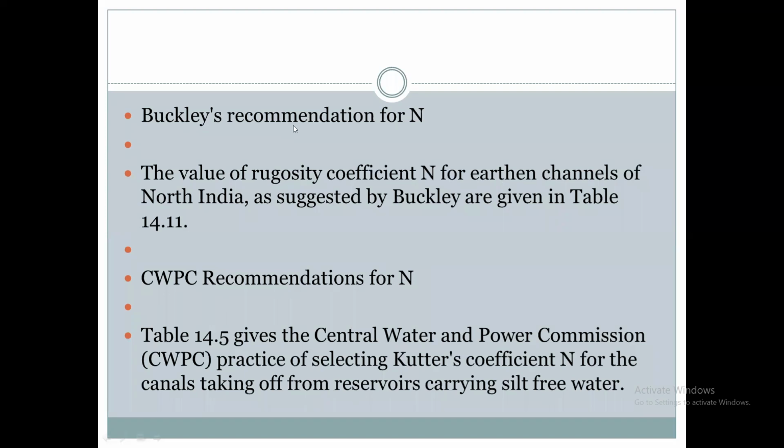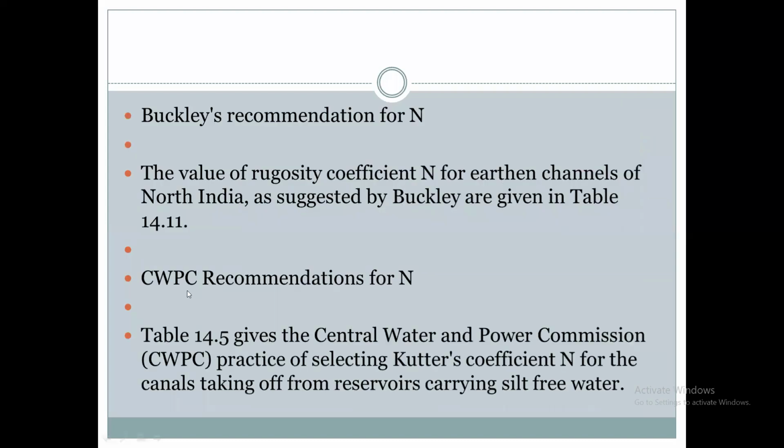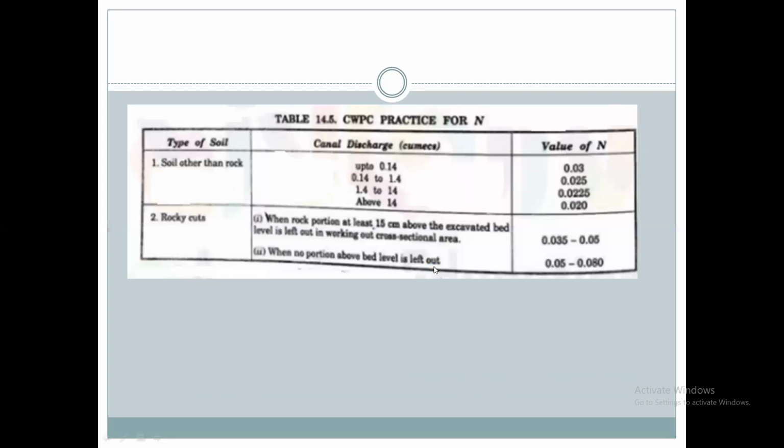Then Berkeley's recommendation for n, value of n, rugosity coefficient, that is capital N, which is taken as for earthen channels of North India, which is suggested by Berkeley, which is given in the table. And CWPC recommendation for n, various values of n has been given.